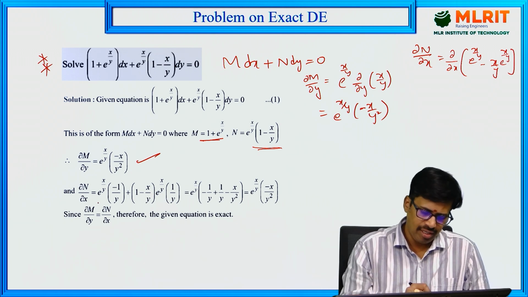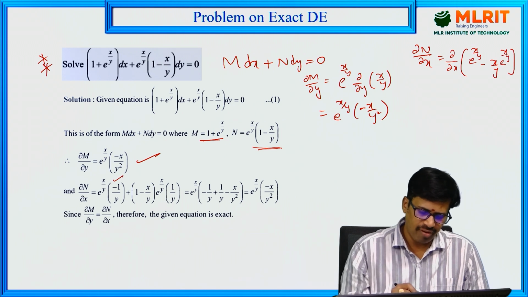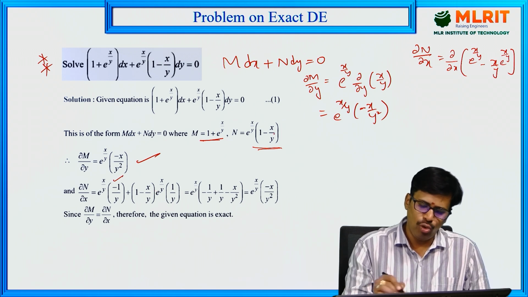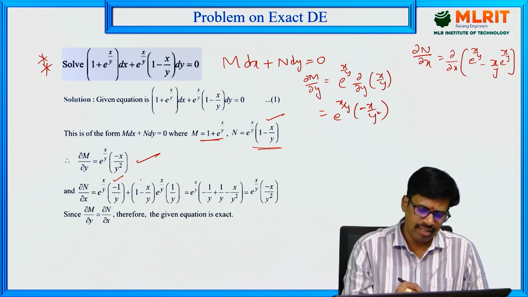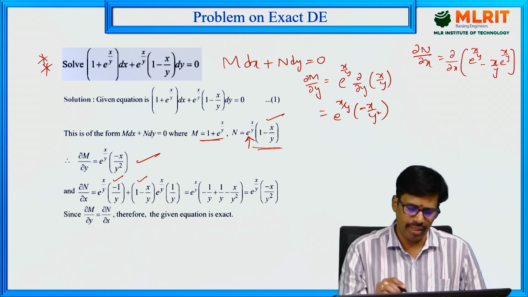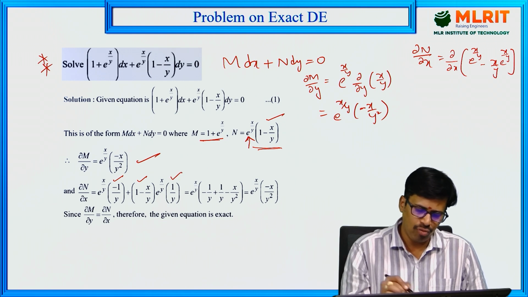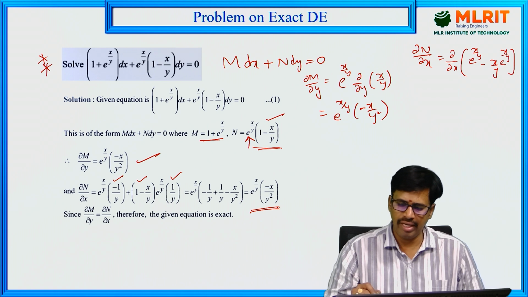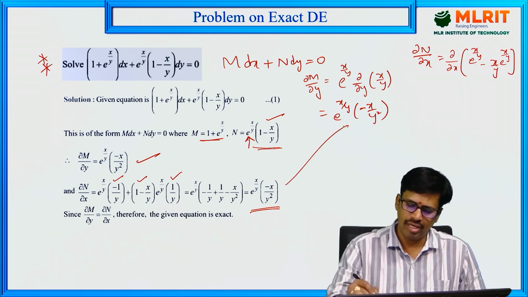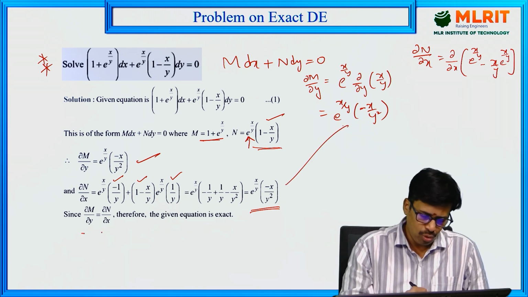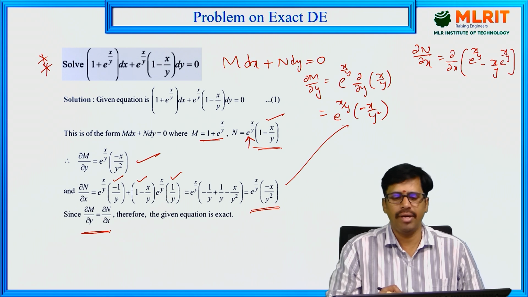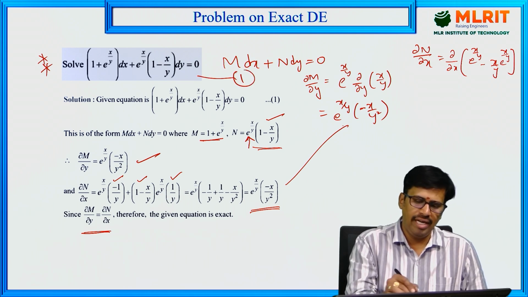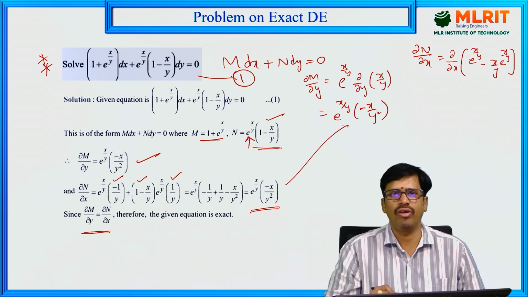So we get e power x by y into minus 1 by y plus, by the uv rule, uv dash plus vu dash, 1 minus x by y into the derivative of e power x by y with respect to x, that is e power x by y into 1 by y. So we got e power x by y into minus x by y square. This and this both are equal. So dou m by dou y equal to dou n by dou x. So this differential equation we call exact.